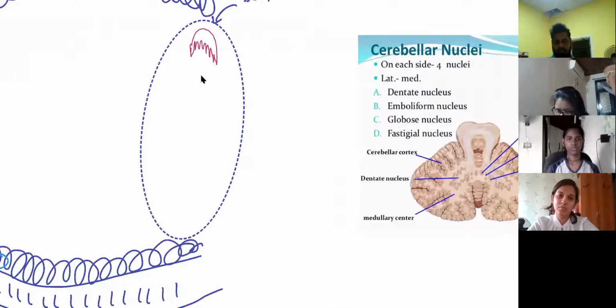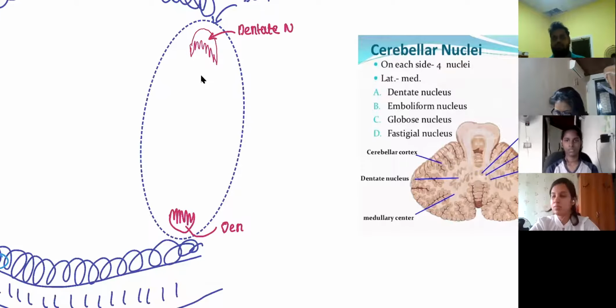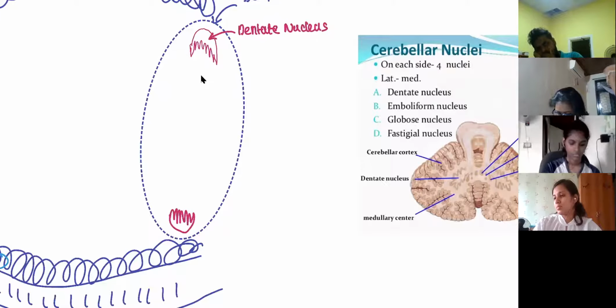Can someone tell me the name of this nucleus? It has a sharp, teeth-like structure. Dentate. Yes, dentate. I'm going to label it from above. Dentate nucleus. There are 2. And then we have one which is wedge shaped.